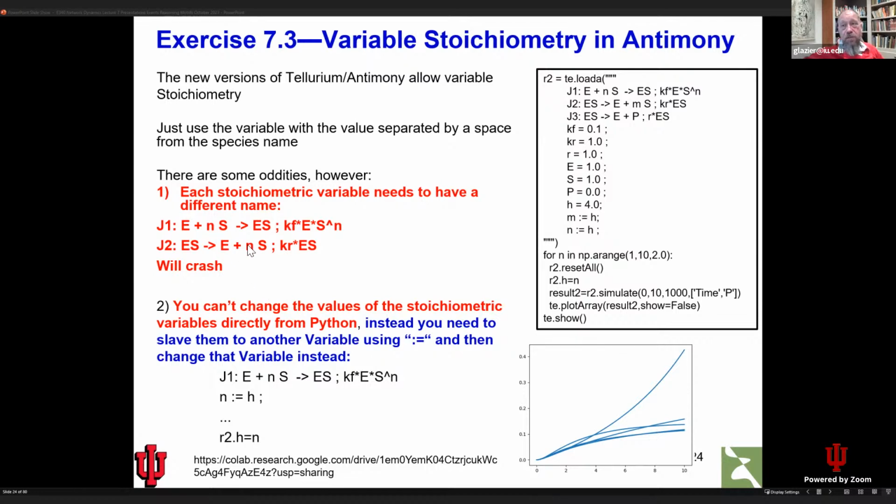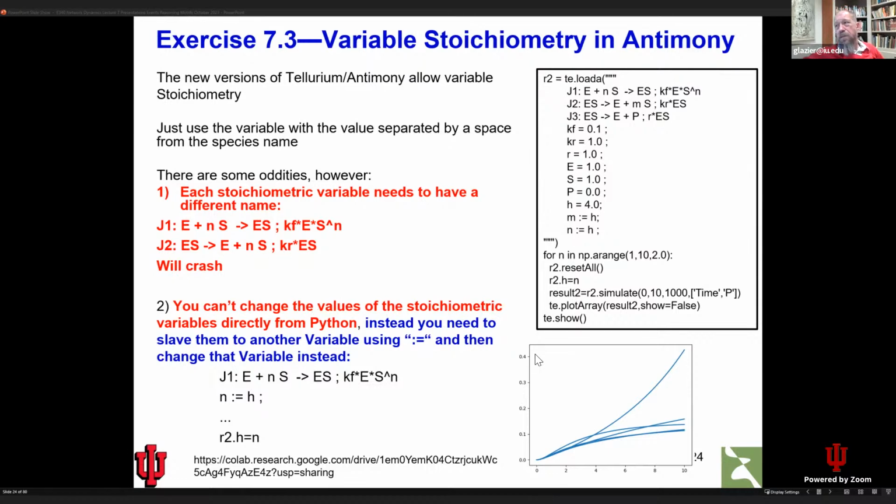I have to have a different symbol in each reaction. So I'd have to say E plus N S to ES, ES goes to E plus N1 S, and make N1 and N equal to each other. I can't reuse the name of the symbol for the stoichiometry. And so that's a peculiarity of the parser, and we have to live with that.